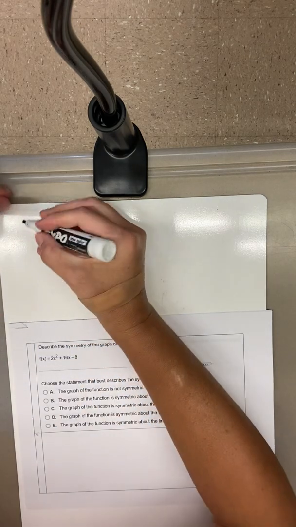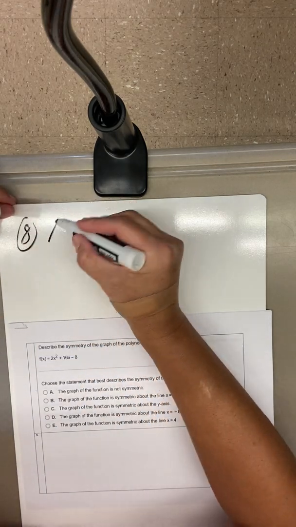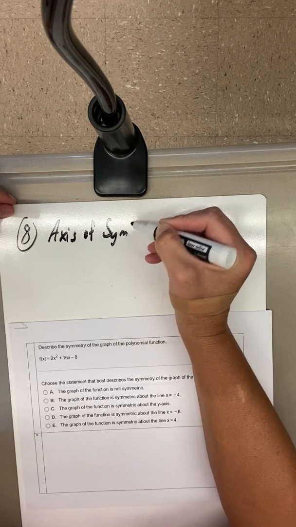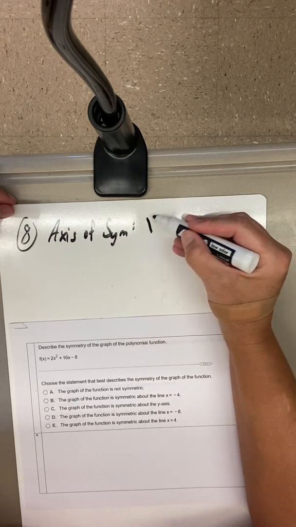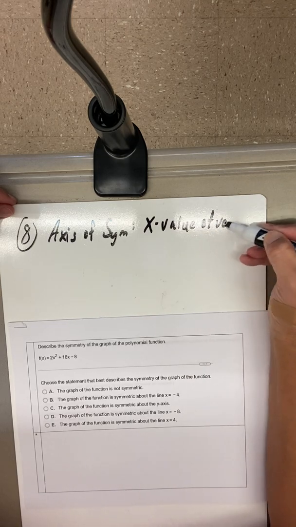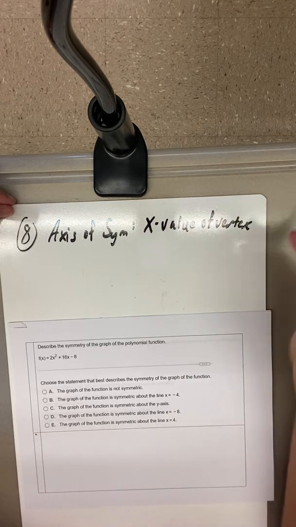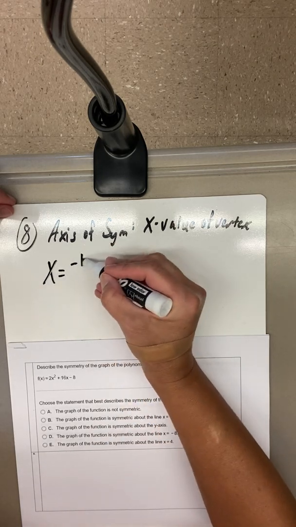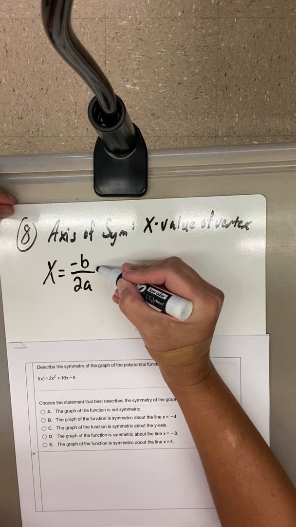Okay, so number 8, the axis of symmetry is going to be the x value of the vertex. We've used this on almost every problem so far, so you should know it by now. x equals negative b over 2a.